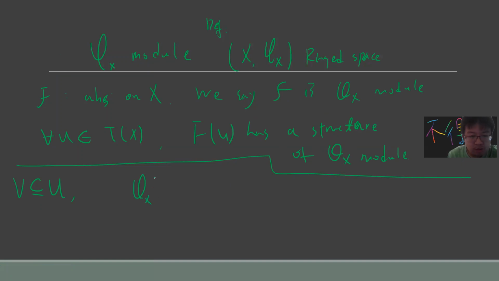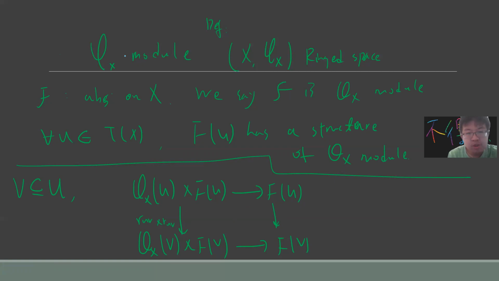You have O_X(U), which is a ring, times F(U), going to F(U): the ring acts on an abelian group and goes to an abelian group, and this needs to satisfy the restriction maps. So this diagram must commute. Here you get the restriction maps for the ring and for F, two restrictions and a particular restriction acting on the sheaf F. I think this is very natural.